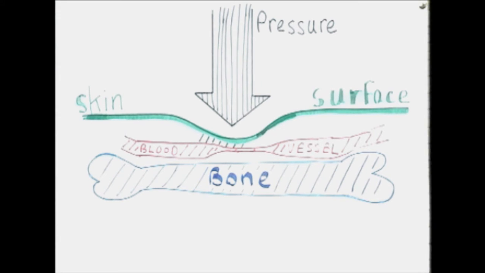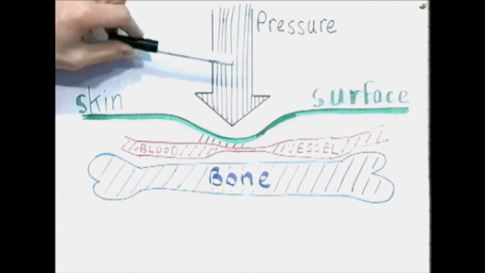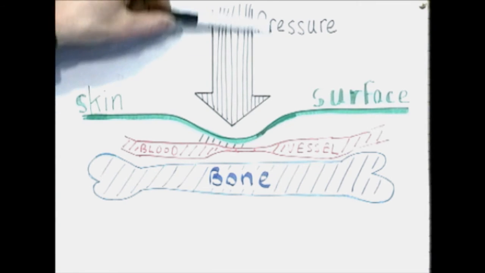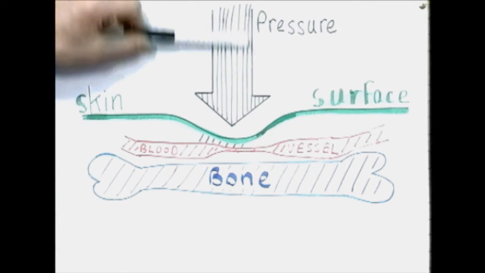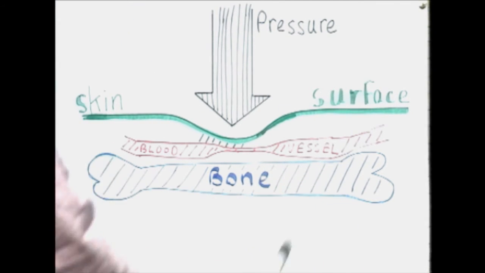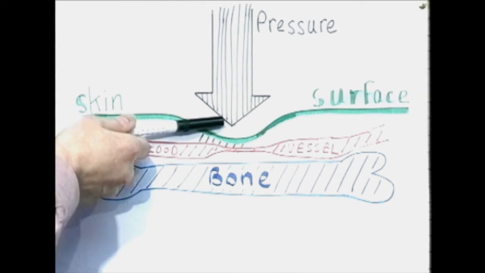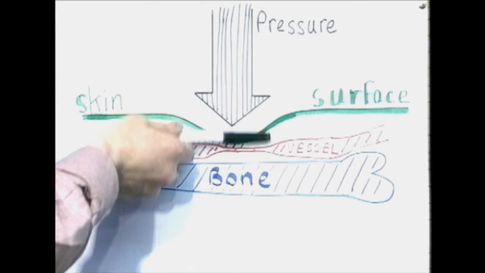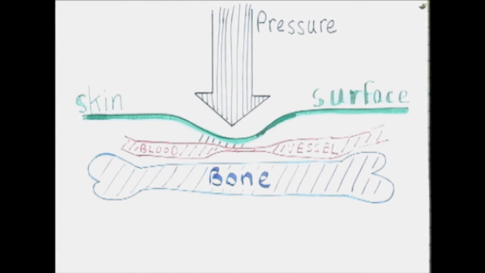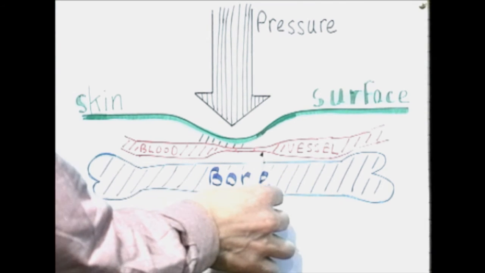Here we see this pressure effect in diagrammatic form. The pressure, probably the whole thing will be upside down actually, the pressure coming from beneath, but never mind, there's pressure here on the skin surface. Underneath the skin surface there's a bone. Between the bone and the pressure being exerted, the tissue is compressed. That has the effect of squeezing shut the blood vessel.